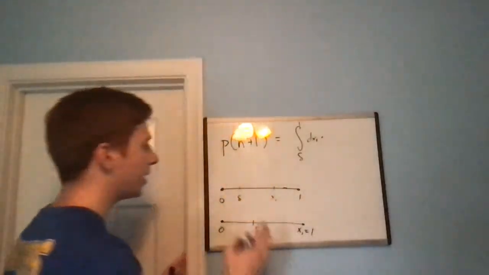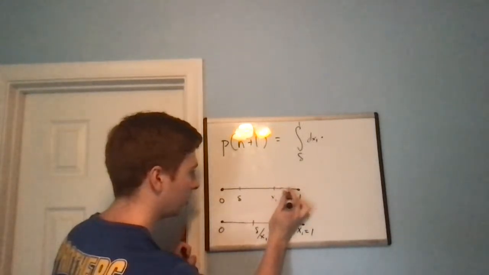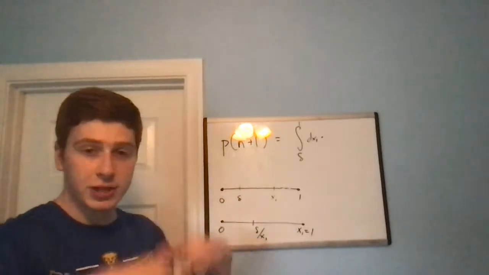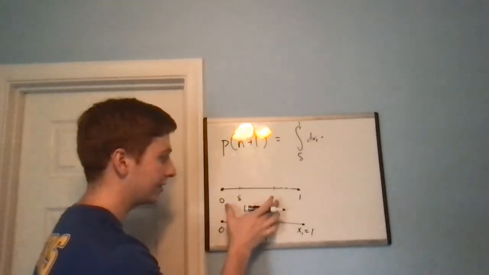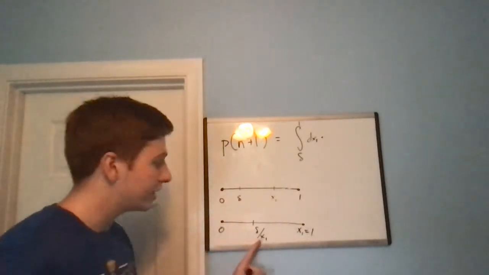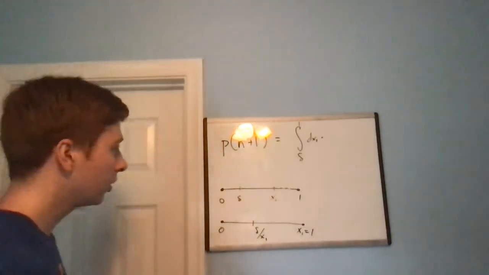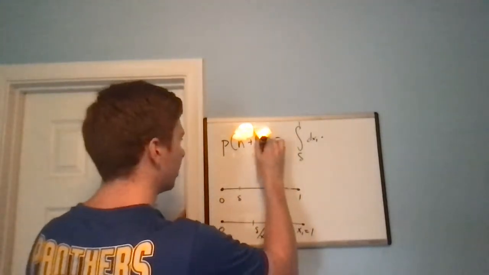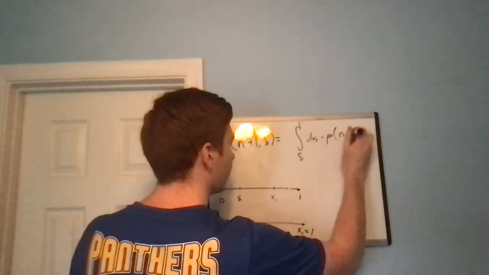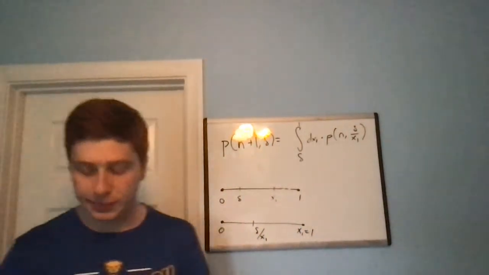Then given that x1 lies at a specific value, the probability that it takes n plus 1 moves in total is the same as the probability it takes n moves after this point, which is the same as P of n, but we're using this bigger delta over x1. So P of n plus 1 comma delta is equal to dx1 times P of n, but using delta over x1.